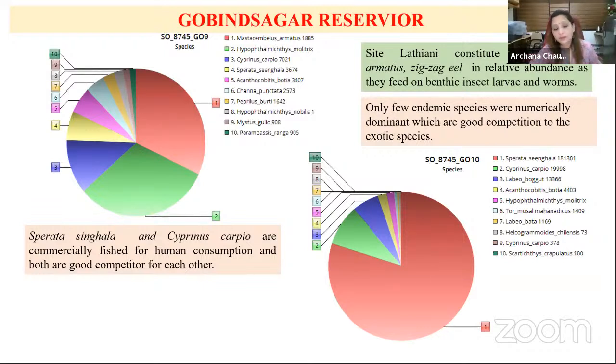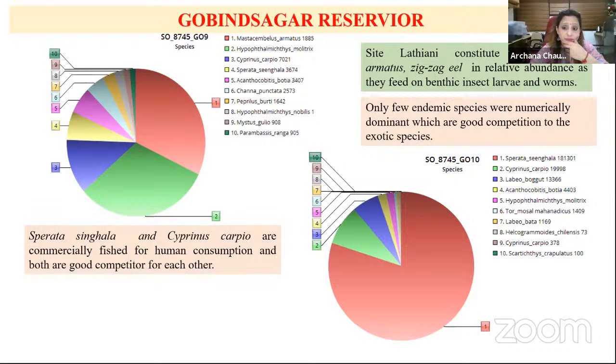And then similarly in the site Lithani, there was a very fast moving eel that feeds on insect larvae, which was detected. Interestingly, this eel was never detected by any of the traditional methods by the people who were sampling these sites.